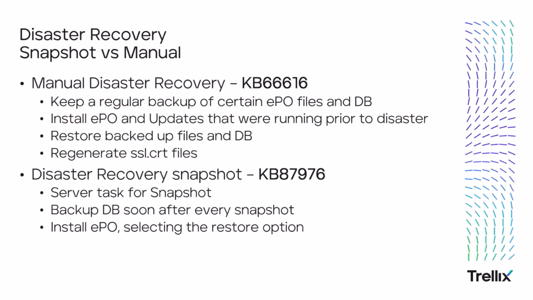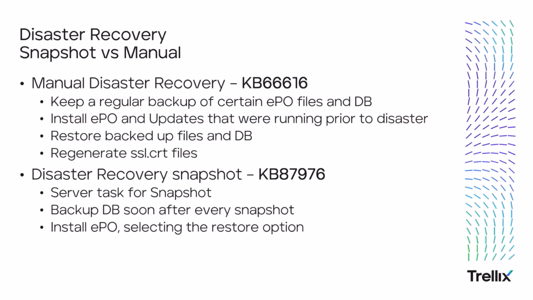If you're not familiar with the disaster recovery snapshot, the short summary is you have a server task that runs in EPO that takes a snapshot of your EPO installation. In other words, it takes the files that are on your EPO installation folder and backs those up into the database. From there, you would back up the database in SQL.